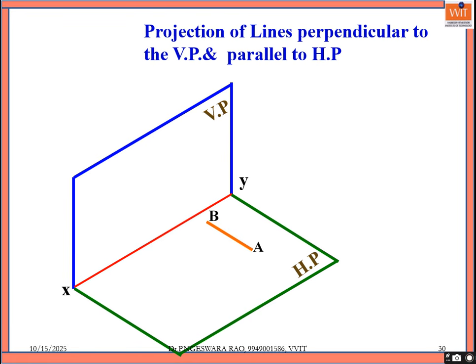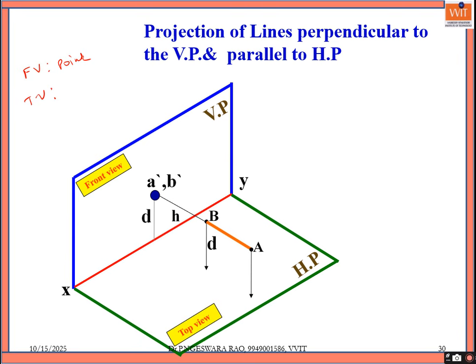In this case, the front view is a point, A dash comma B dash. Whereas in the top view, we get the line as the image. The top view image is a line with the original length, perpendicular to the XY line.